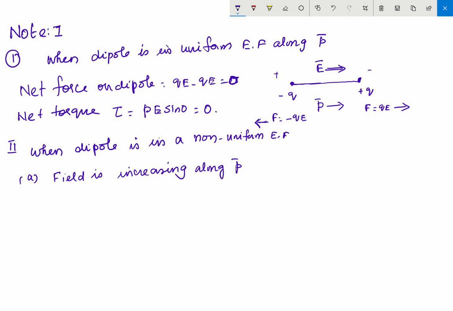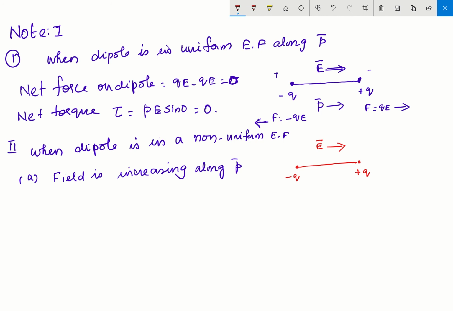Let me have some other color. Here it is minus Q and this is plus Q, and this is the separation. The direction of E is the same, but only the value is increasing.